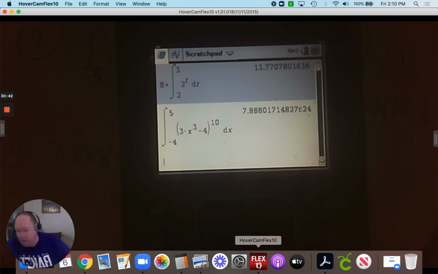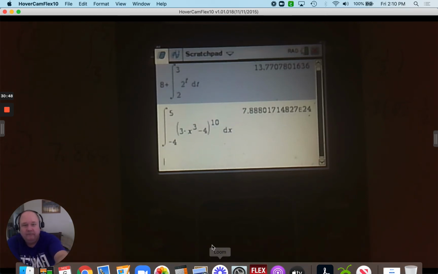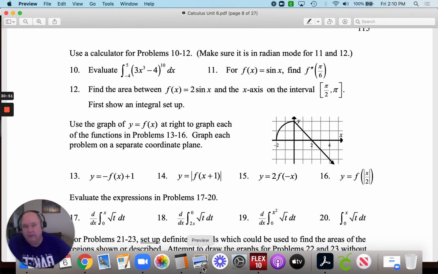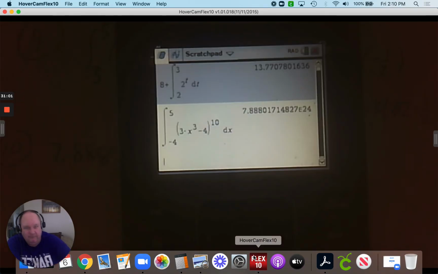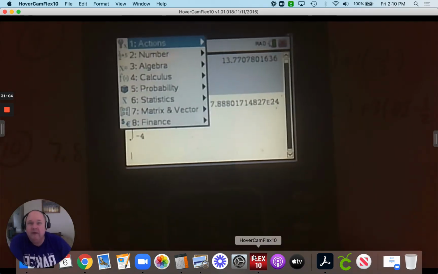All right, so what am I integrating again for the next one, or for number 11? Oh, it says find the second derivative of sine x at pi over 6. All right, so how would I do that with my calculator? Press menu, press calculus.